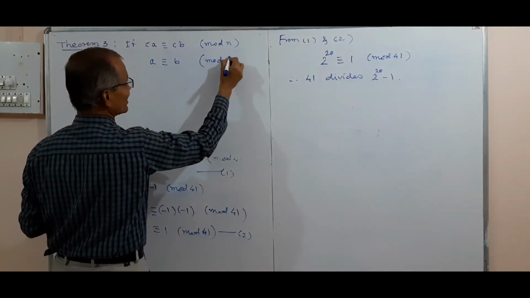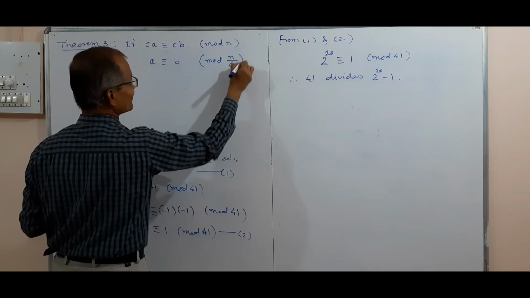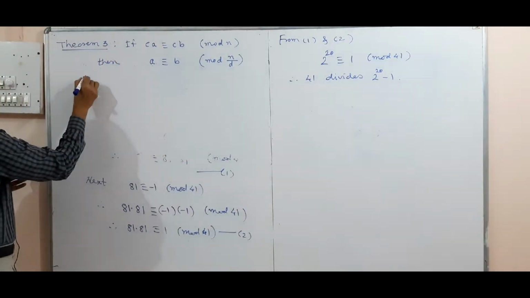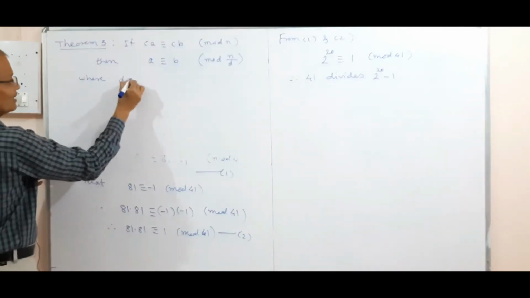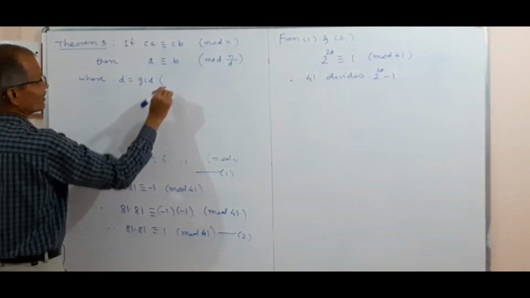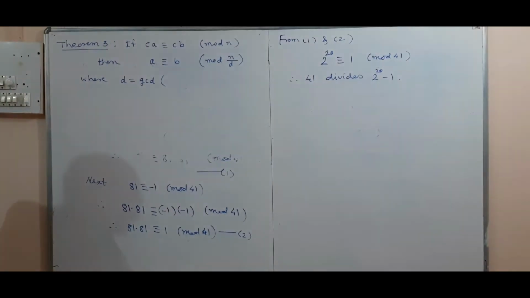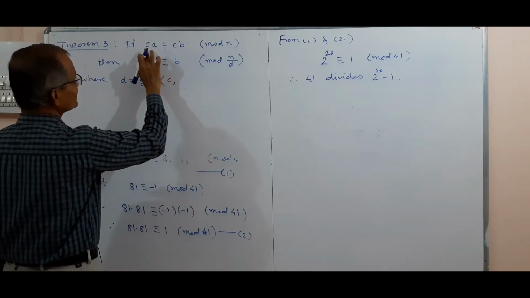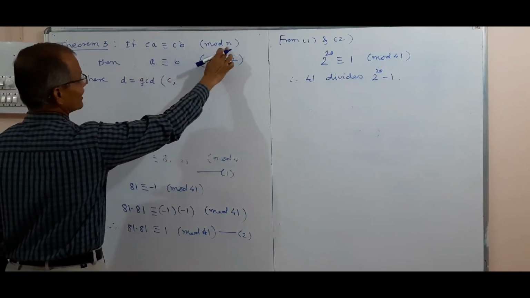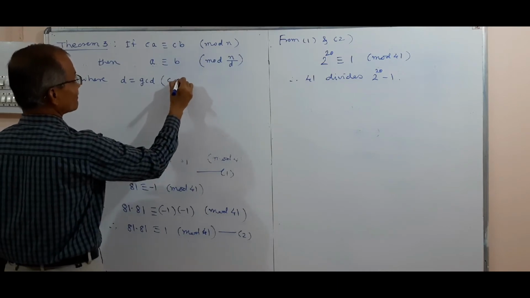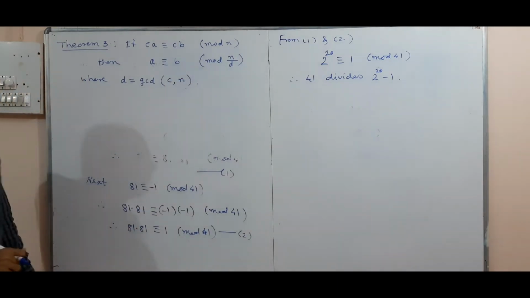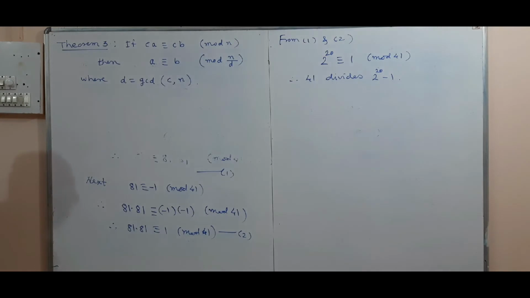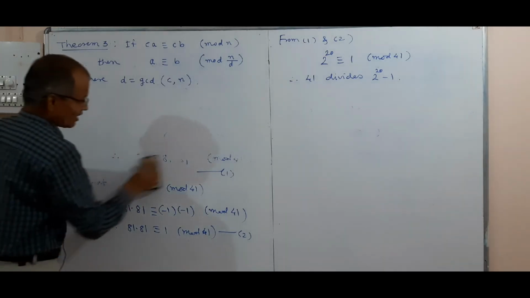It does not remain n, but it is n divided by D, where D is the GCD of C and n. So the GCD of this number C and n is D. This is what we have to prove now.